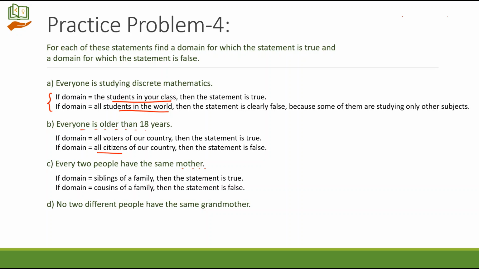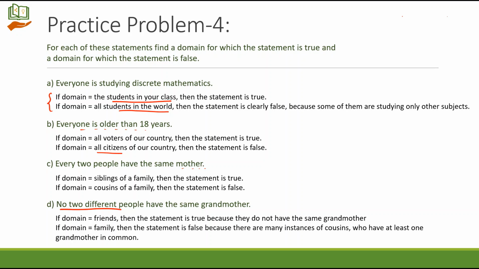No 2 different people have the same grandmother. When do 2 people have the same grandmother? When they fall under the same family, somewhere they will have the same grandmother. In that case, if the domain is going to be friends, then the statement is true because my grandmother and my friend's grandmother need not be the same. So when the domain is friends, or colleagues, we can say this statement is true because they are asking no 2 different people have the same grandmother.